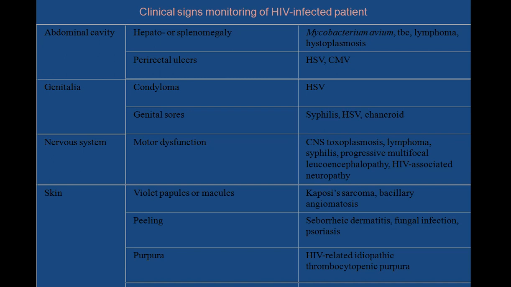Peeling, seborrheic dermatitis, fungal infection, psoriasis. Purpura, HIV-related idiopathic thrombocytopenic purpura. And vesicular rash, the result of herpes zoster, drug reaction, and HSV.